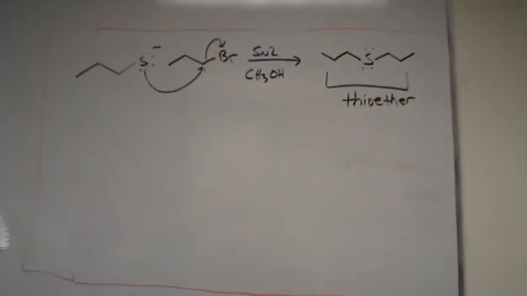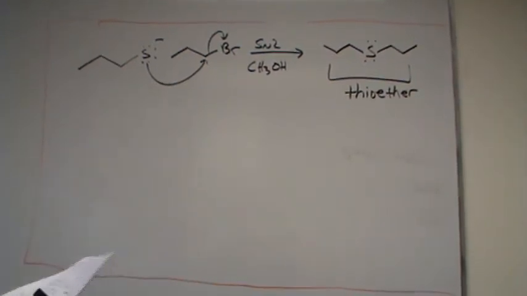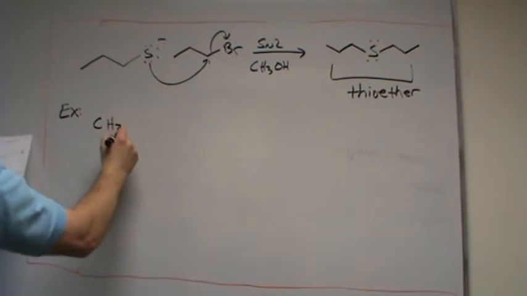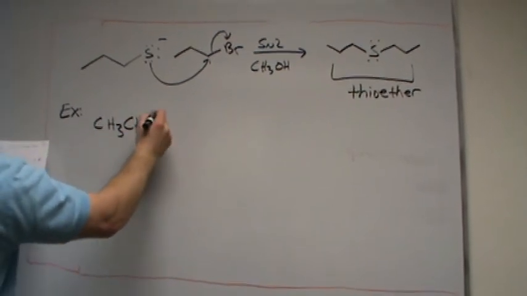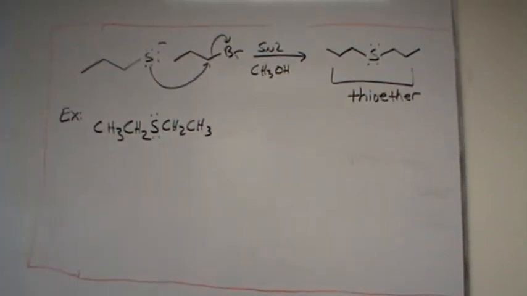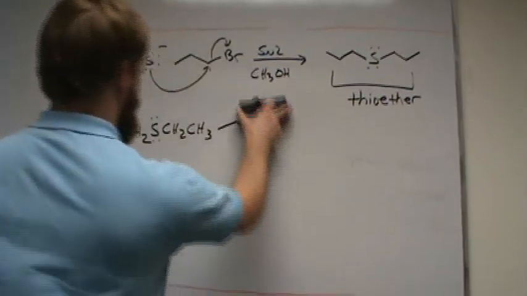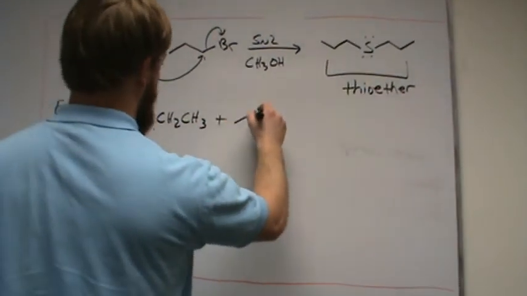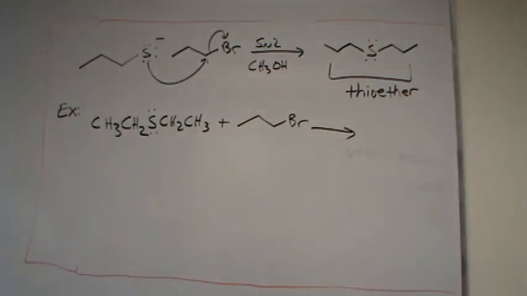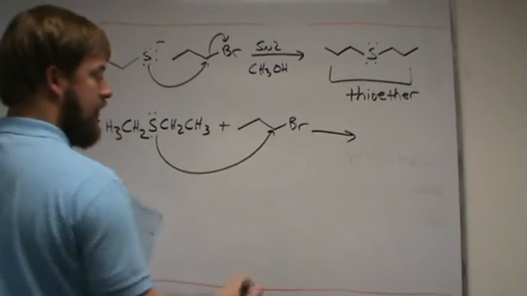Guess what? They're also good nucleophiles as well. They can do substitution chemistry too. So for example, CH3CH2SCH2CH3. So here's a thioether. I can react it with the very same thing. Let me move it over a little bit. And do SN2 chemistry here as well. Nucleophile attacks the electrophile.